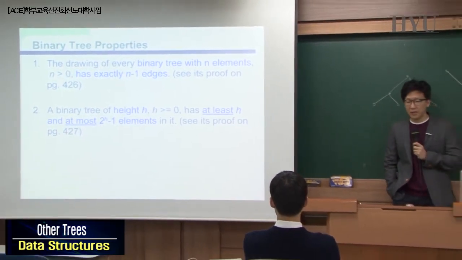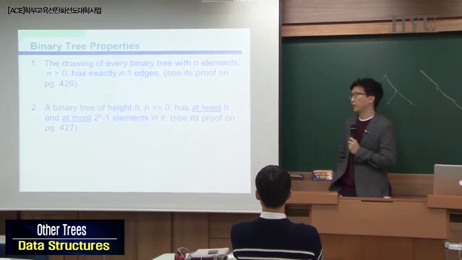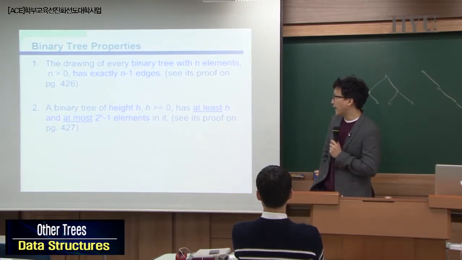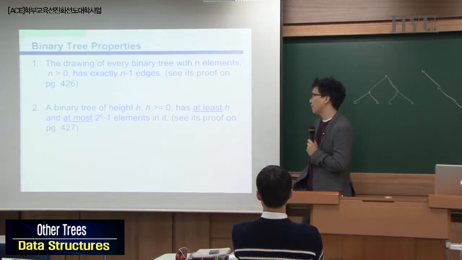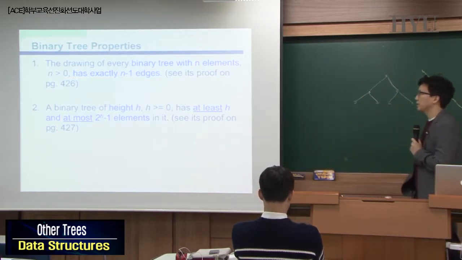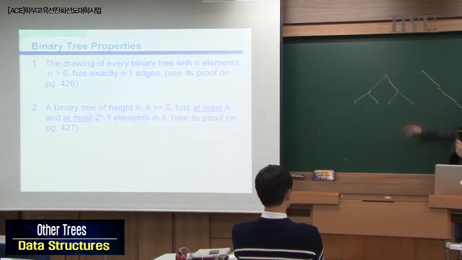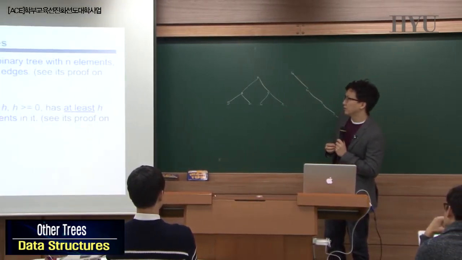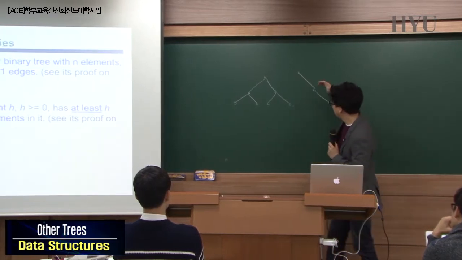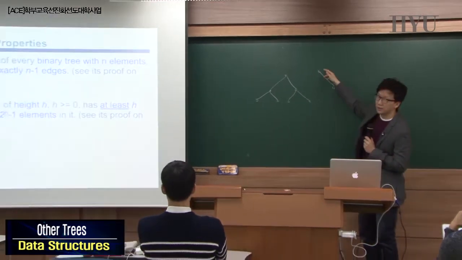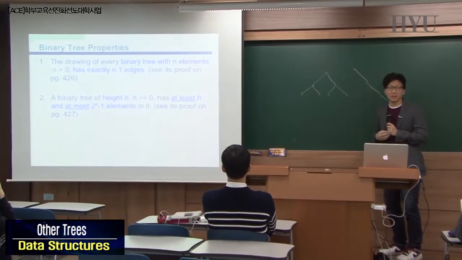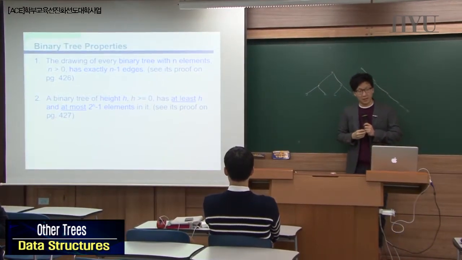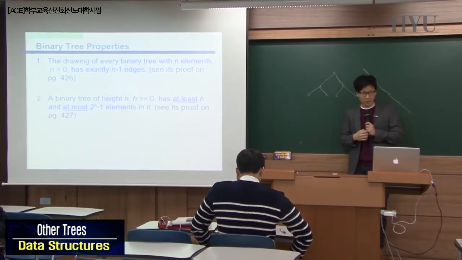A binary tree of height h, h greater than or equal to 0, has at least h and at most 2^h - 1 elements. If the height of the tree is h, then at least h, as in a single line, so you need at least h elements, or if it's a full tree like this, at most 2^h - 1, right?